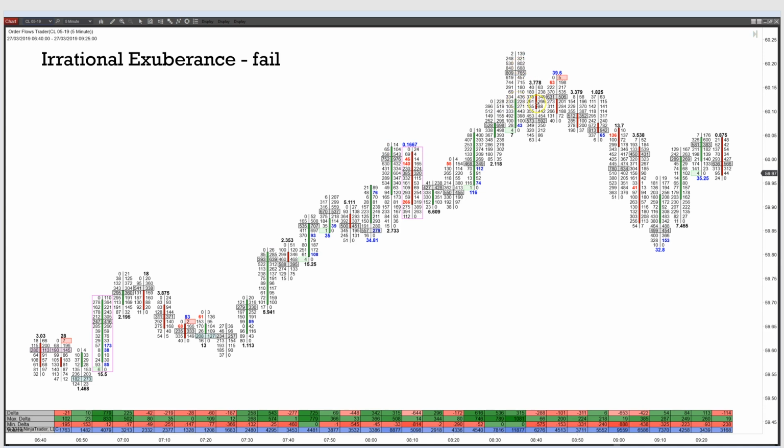Then you get this bar here, which again is a bearish bar. You could make the argument that you got some irrational exuberance here, but this is not how I would categorize it. Sometimes it's easy to say, yeah, this is it, but it doesn't necessarily meet the requirements I'm looking for. The green bar ideally should close higher, because when you get a bar like this, you're already looking at a reversal type of bar.